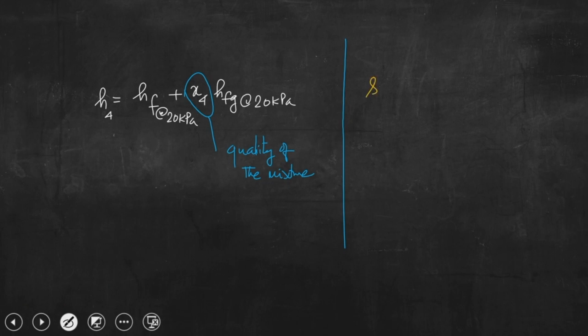Somehow we have calculated S4, that is 6.8826, equal to Sf at 20 kilopascal plus x4 into Sfg at 20 kilopascal.